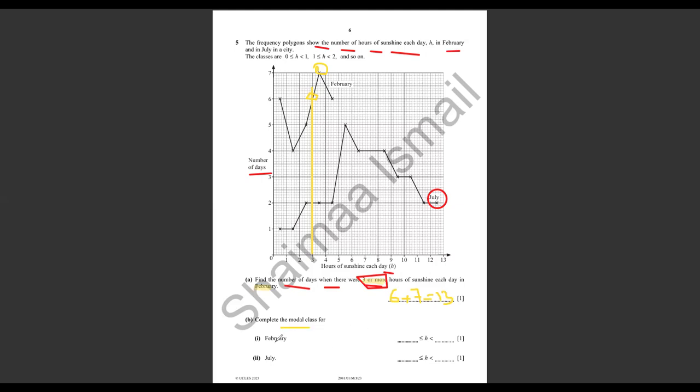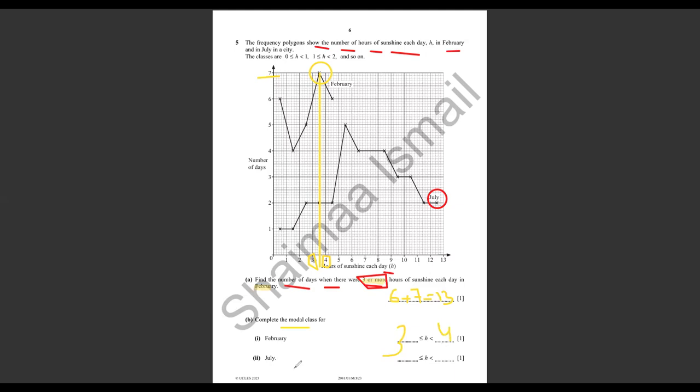Complete the mode with the most repeated in February. Let's write this: the most repeated, and it is needed in H. For sure, the most repeated would be 7 days, which is here, getting down. It will be between 3 and 4 hours.